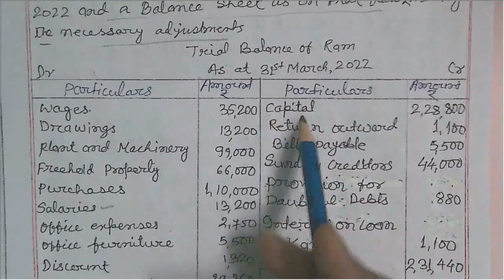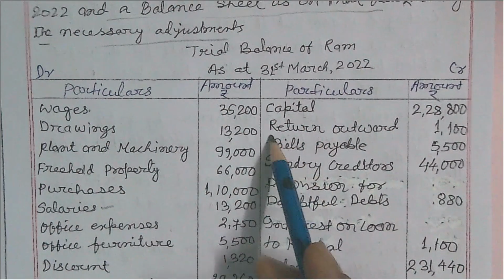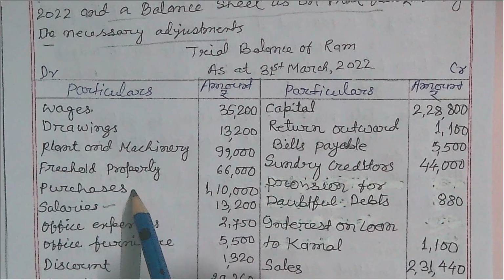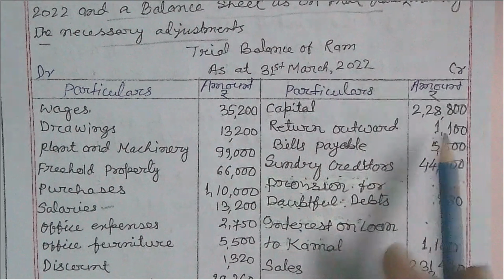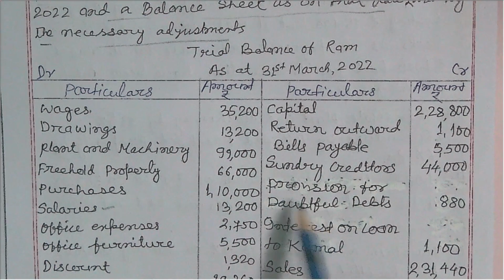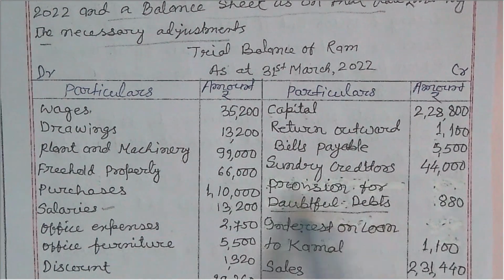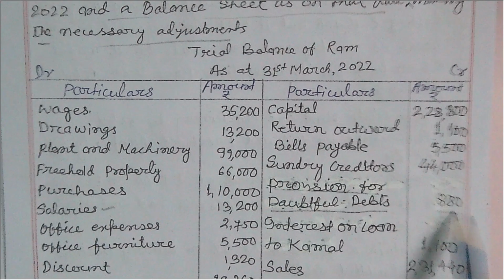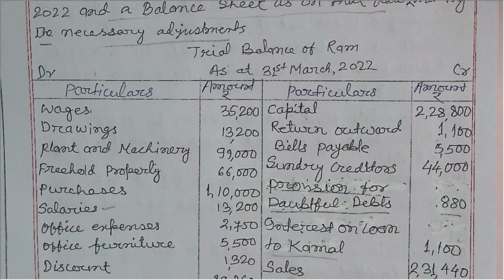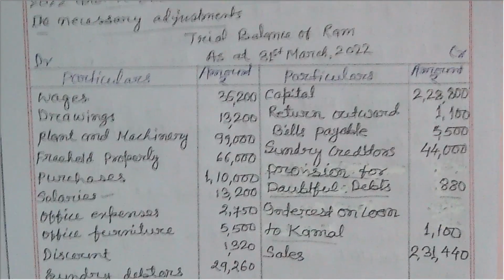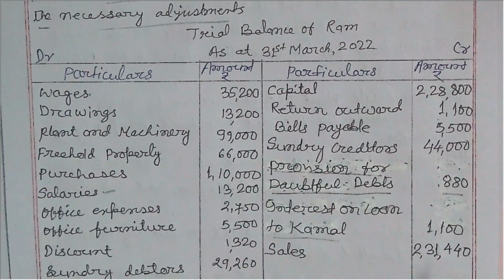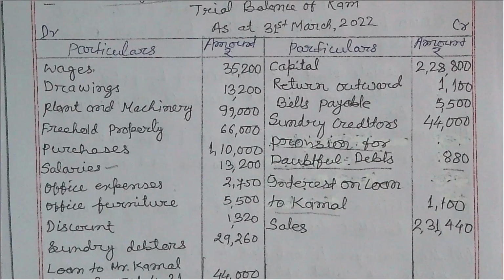Similarly, on credit side, capital account, return outward, this is to be deducted from the purchase, goods returned to the supplier 1100, bills payable, sundry creditors, provision for doubtful debts 880, interest on loan to Kamal and sales amount 2,31,440.